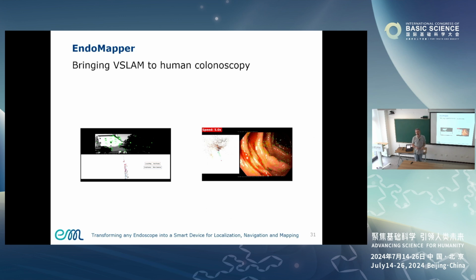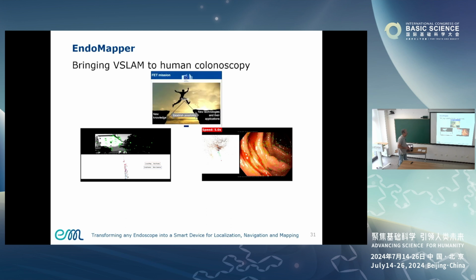So we are going to use the same methods for processing real human colonoscopies. We have this challenge of going from these environments to other environments which are significantly more challenging. I can show you this video.